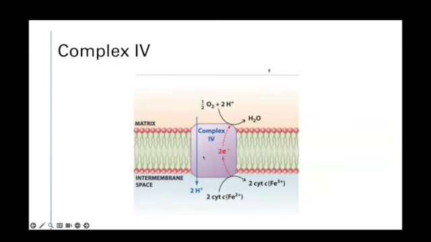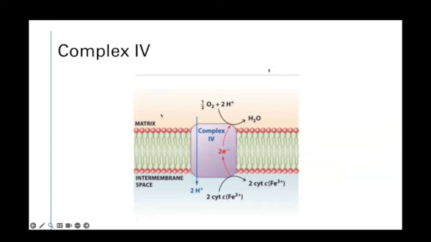So we need multiple cytochrome Cs. So we need 2 cytochrome Cs that drop off their electrons for each molecule of H2O that is produced. And for each molecule of H2O that is produced, 2 protons will be transferred to the intermembrane space. So complex 4, or 2 cytochrome C molecules, get oxidized again.